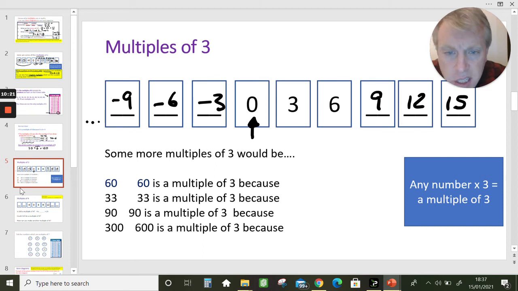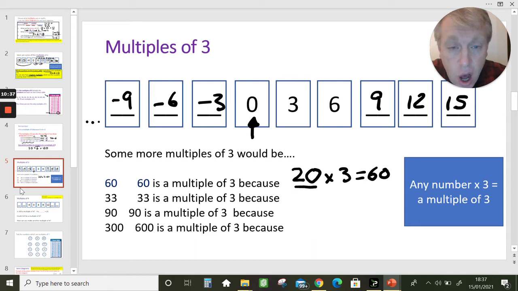60 is a multiple of 3 because, how do we know? Well, because I can think of the number 20 times 3 is 60. So I could take a whole number, an integer, times it by 3, I make 60.